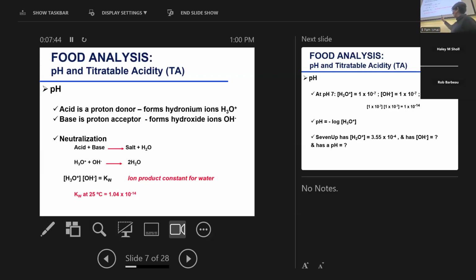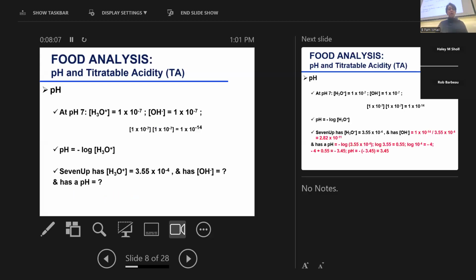Okay, so as the concentration of hydronium ion and OH minus or hydroxyl groups differ, while the product will add up to 1 all the time, you will have different pH.